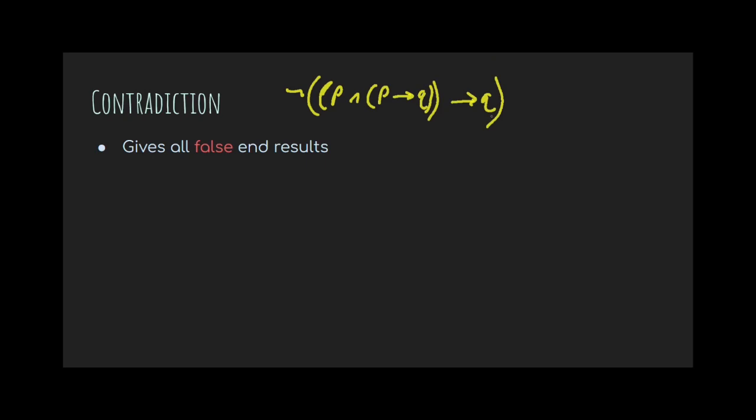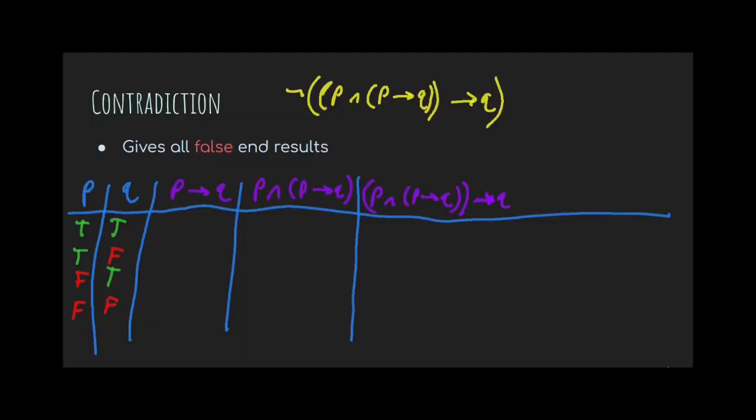So let's make a truth table again. And I don't think I'll be able to fit that last one in. So I'm just going to write the negation of this.